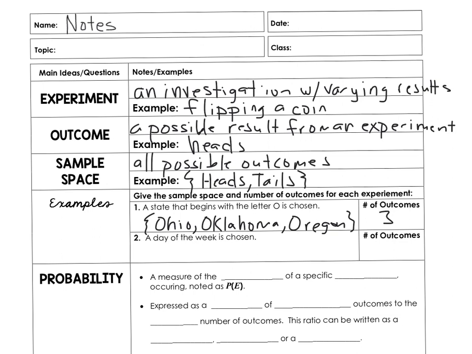So there are 3 outcomes. And then the next one you should know, so just a day of the week would be Monday through Friday, so there would be 7 possible outcomes if you want to fill that in.